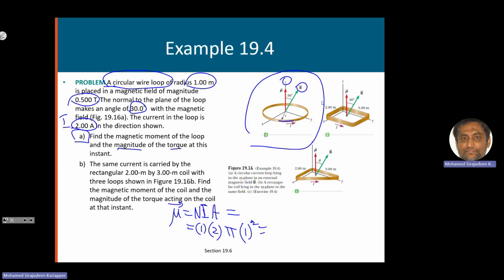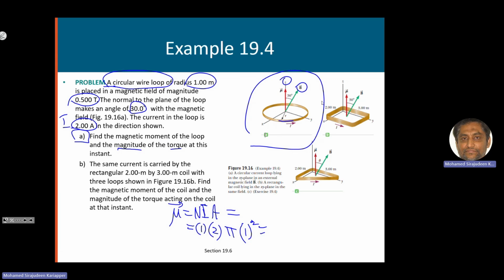How do you get the direction of the area? The area value is pi r squared. Say this is the loop. The current is flowing like this, looking from above. Curl your finger, and it is pointing up.